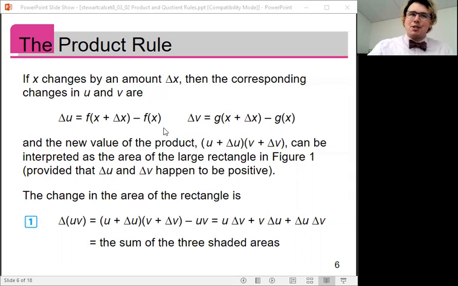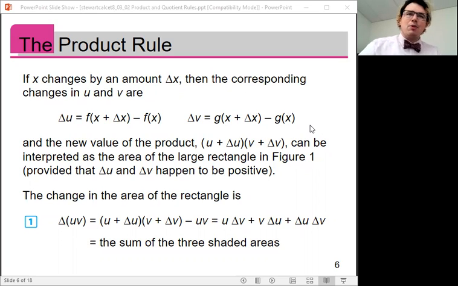Delta u is just the difference in the two different u coordinates. So here I have f of x plus delta x minus f of x. And likewise for v. Delta v is going to be g of the quantity x plus delta x, and then I subtract g of x.